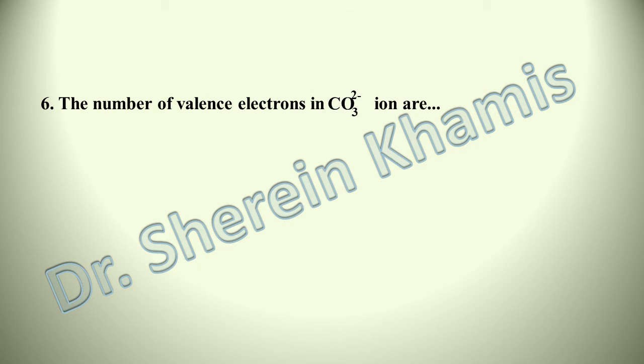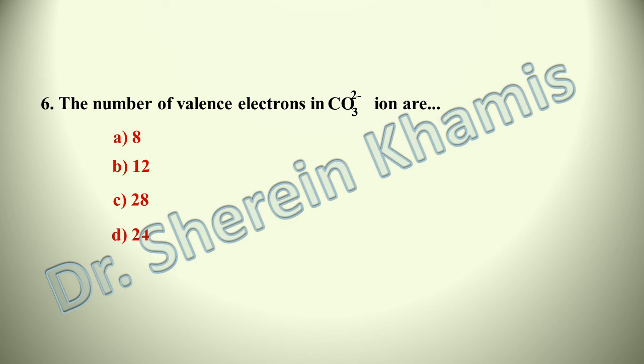Question number 6 says that the number of valence electrons in the ion of calcium carbonate, -2, or its valency divalent are, the first one here we have 8, we have 12, 28, and the last one we have 24.